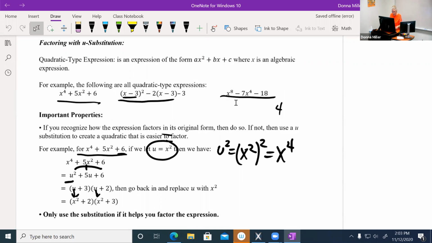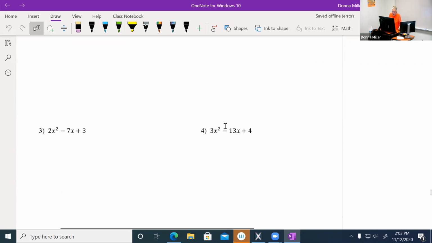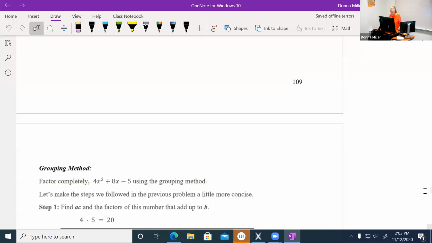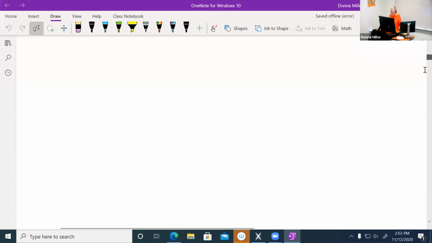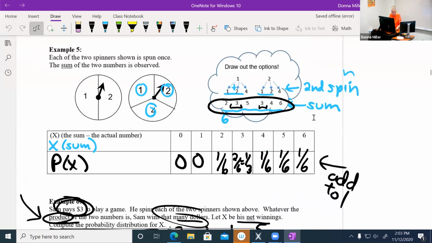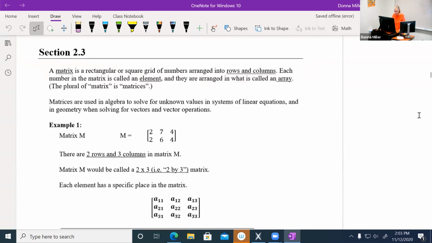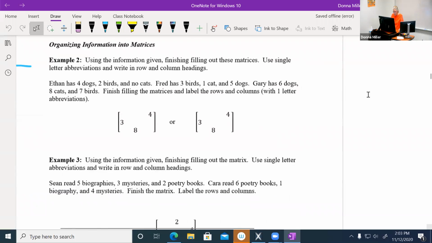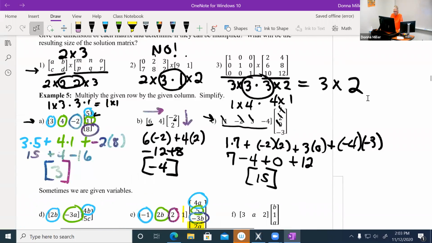Okay, so let's go up and find the 1324 stuff. We're going to find 4.2, so 4.2 matrices. We're talking about matrices.